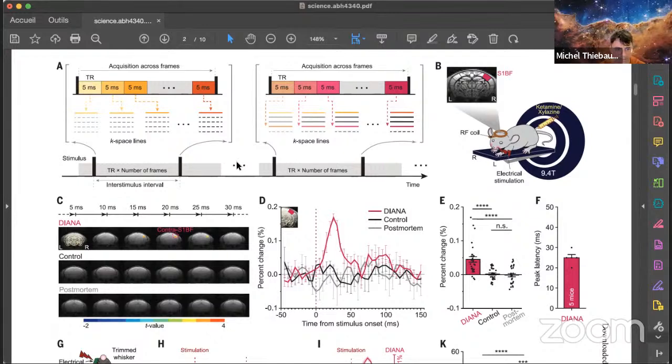So I checked, and if I understand well, that's actually following what Denis Le Bihan has been doing, which is looking at the water diffusion and the movement of water molecules. The idea is that because the neuron, before a discharge, does this kind of change of movement, the water molecules around the neuron will change the profile of diffusion, and that's how they can measure it.